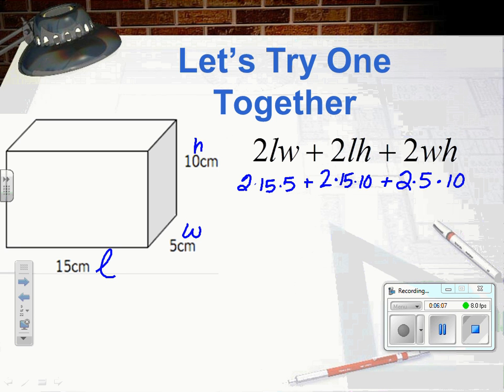So now it's just a matter of doing the math. We say 2 times 15 is 30. 30 times 5 is 150.